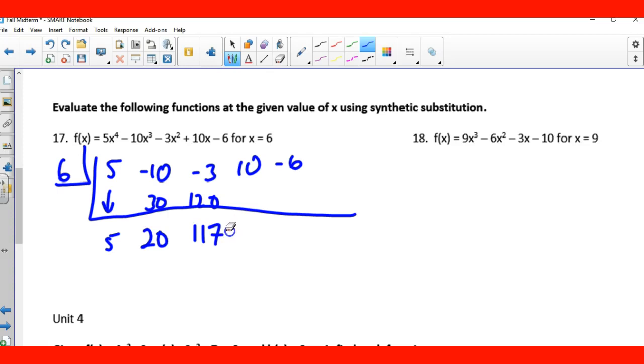117 times 6 is 702. 10 plus 702 is going to be 712.